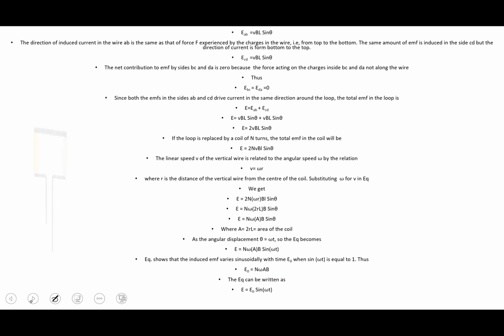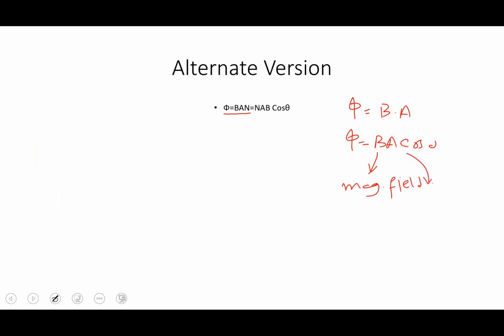Now there's an alternate method for this whole scenario, where we have the flux, which depends upon the magnetic field, the area of the coil, and the number of turns of that coil as well. Because it is a dot product between B and A, we can say it is BA cos theta, where B is the magnetic field and A is the area.